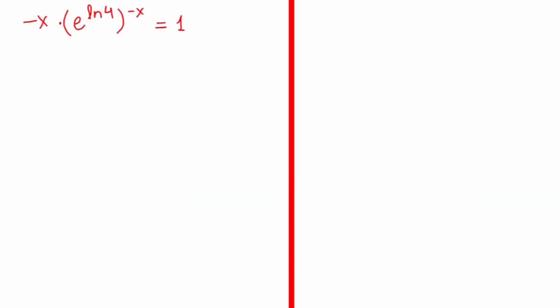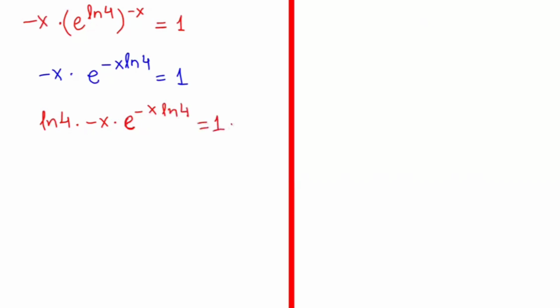Now here the powers are going to be multiplied, so it will turn to -x times e to the power of -x ln of 4 is equal to 1. Now in the next step, I will multiply ln of 4 with the other side. Ln of 4 times -x times e to the power of -x ln of 4 is equal to 1 times ln of 4.